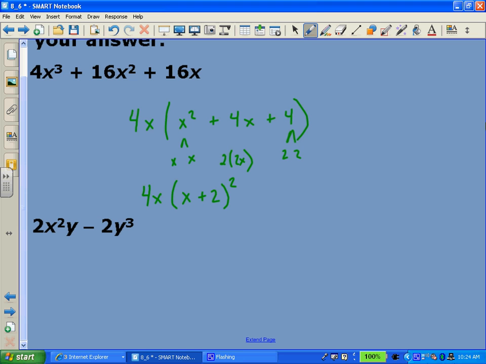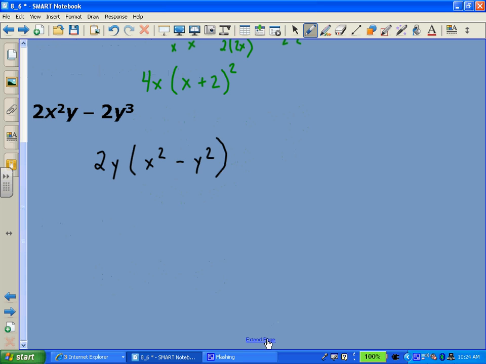If I look at this one, again, GCF, I see I can take out a 2, and I can take out a y. And that's going to leave me with x squared minus y squared. So again, I notice difference of two squares, right? x times x, y times y.